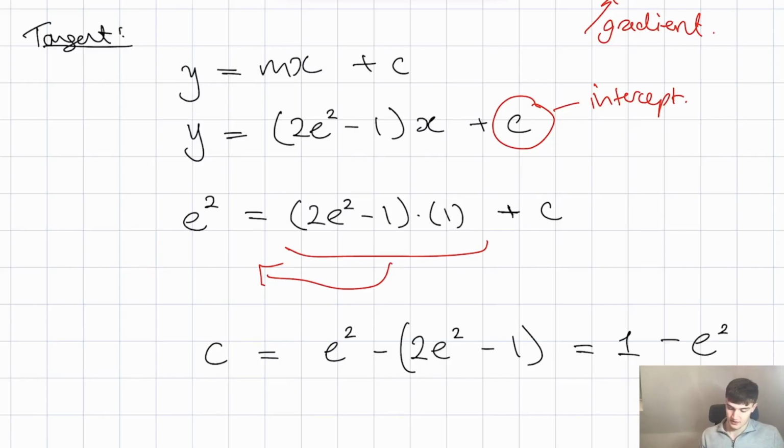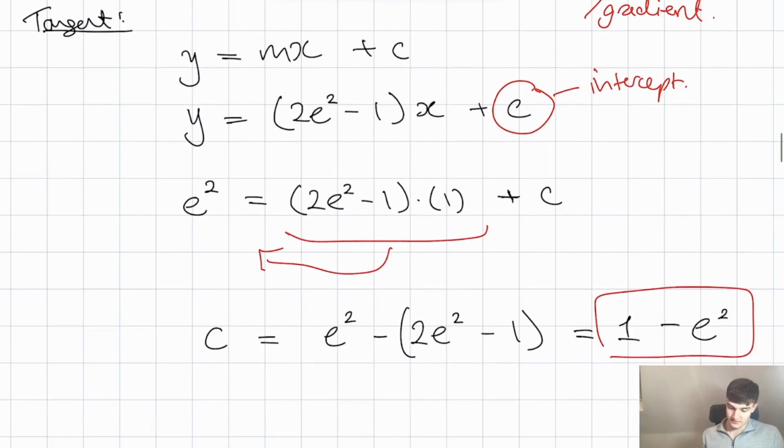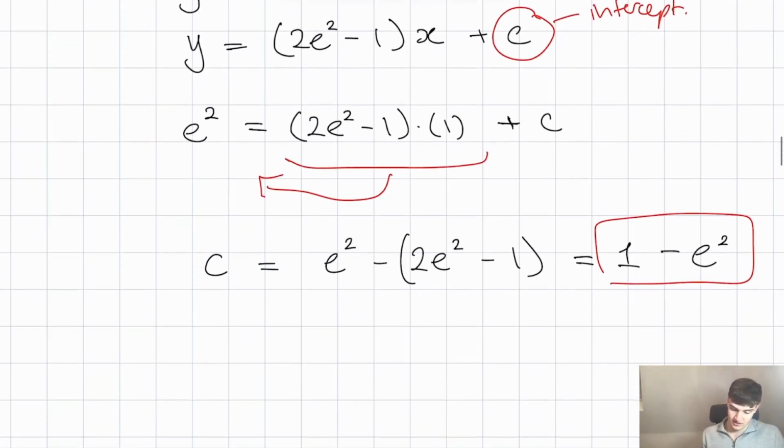Okay, I've minused the minus 1, that gives me a plus 1. So that's our c value. So now we've got all the bits we need. That means the general equation of the line, substituting that back in, is going to be y is equal to (2e squared minus 1)x plus c, and c is given by what we just worked out, plus 1 minus e squared.